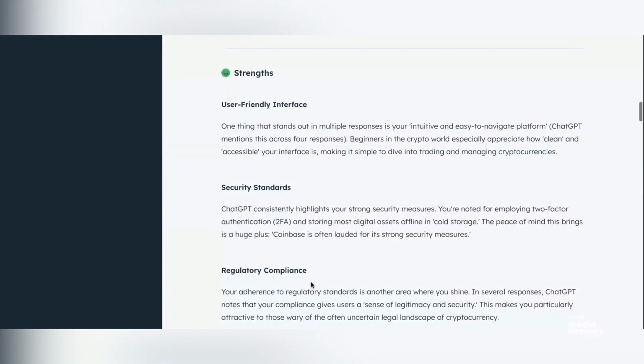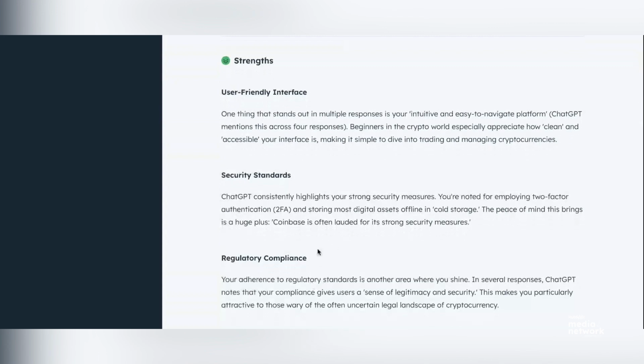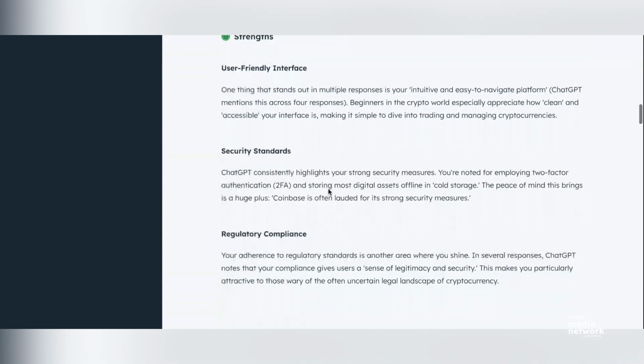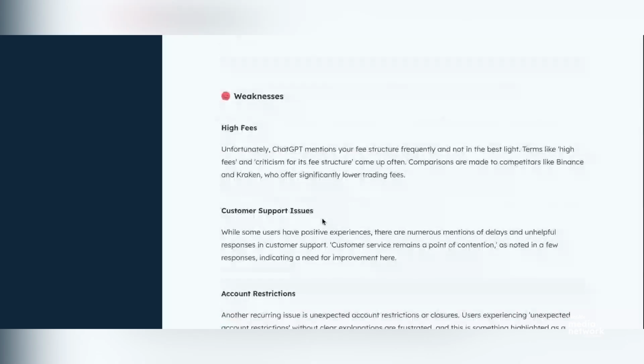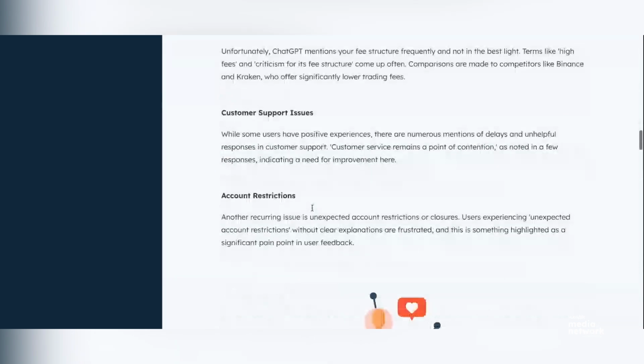Is this breakdown of real tangible things unique to your company that people are saying that's good and bad about you, right? And so Coinbase, they love that it's user-friendly. They love that it has high security standards and regulatory compliance. They hate high fees, customer support issues, and account restrictions. Like, as a Coinbase customer, that is spot on. Pretty accurate, right? It's so accurate.